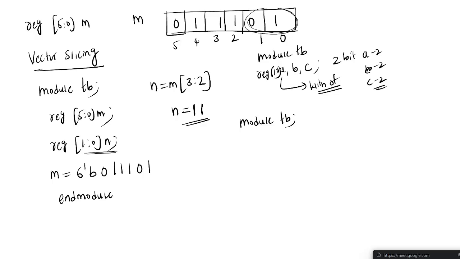Suppose I write module TB, reg [1:0] A; and B. If this code executes, what is missing?